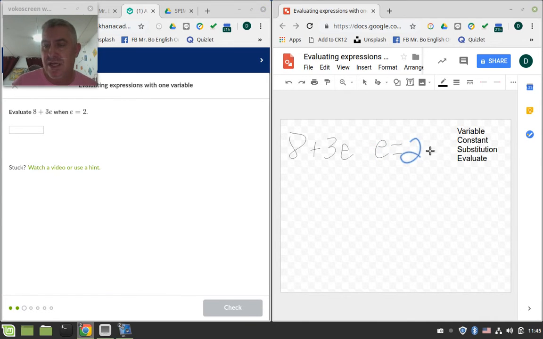So again, we're going to take our 2 and we're going to substitute that for our variable, and then we're going to evaluate. What does evaluate mean? So 3 times 2, and what do we do first? We do the multiplication first. We'll talk about order of operations soon. So that's 8 plus 6, which is 14.